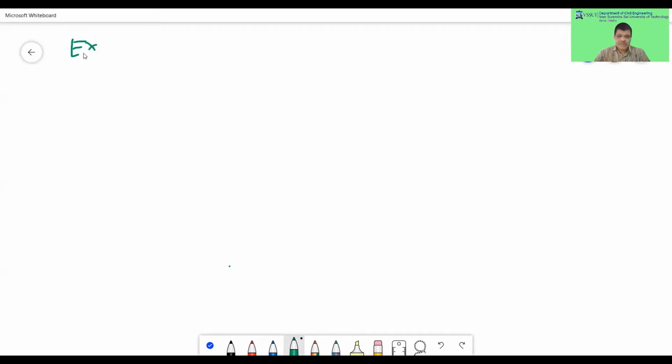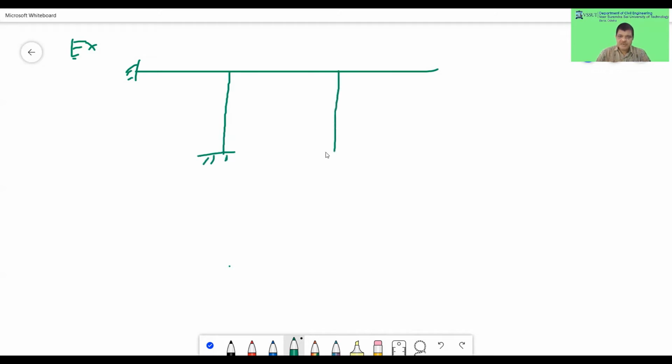So in these examples, let us first give the example problem. So this end is fixed. This span also here, this is fixed. This is also fixed here.